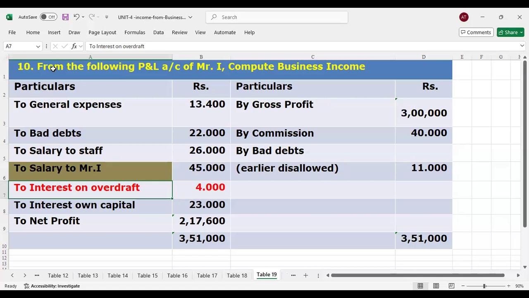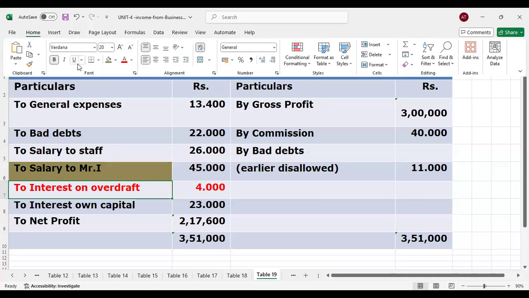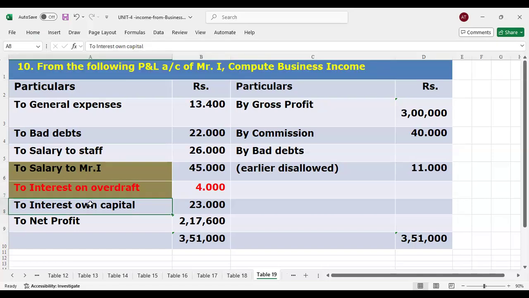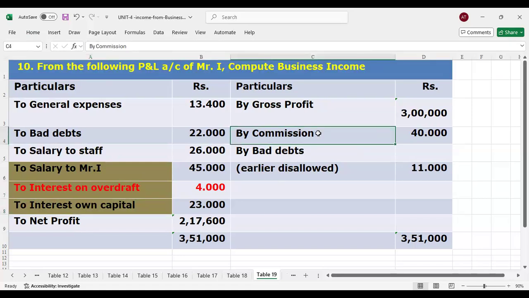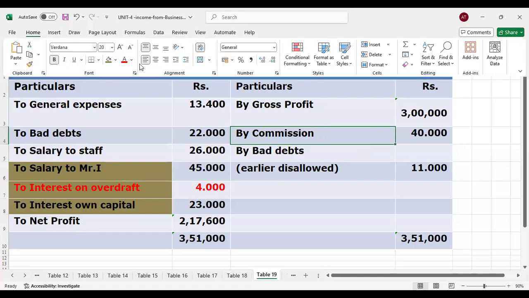So even this interest will not be allowed as an expense. Interest paid on own capital is an expense which is not directly linked with the business, so again it's not allowed. Then if I receive commission, the commission may be allowed if it is about business income. But since getting commission is not my business, this income is also not allowed.